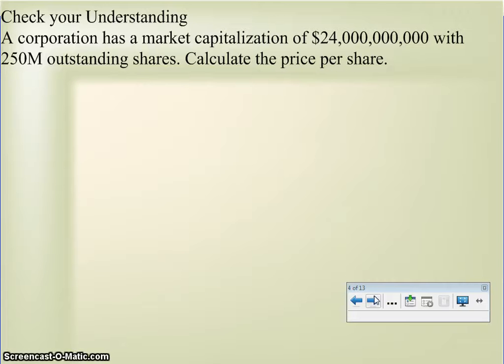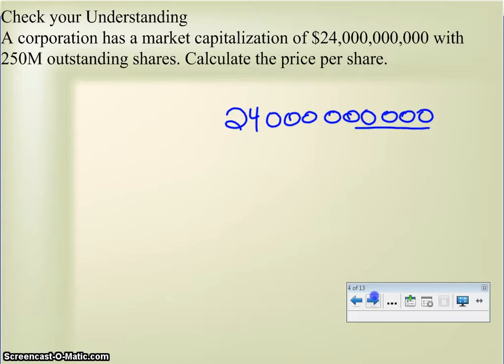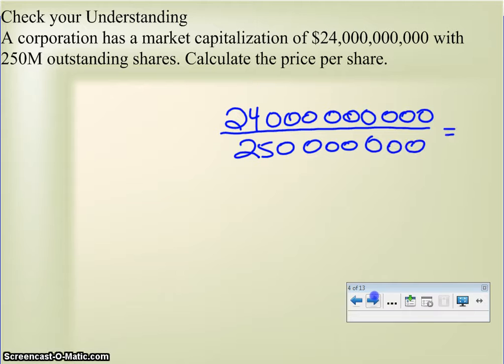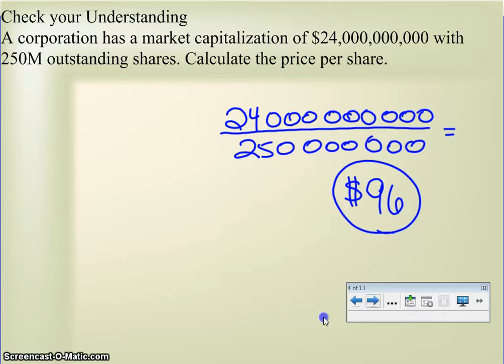So to do that, we're going to take that total market cap or capitalization here of 240 million, and we're going to divide it by the outstanding shares of 250 million. And when we divide that, we find that each share is worth $96.